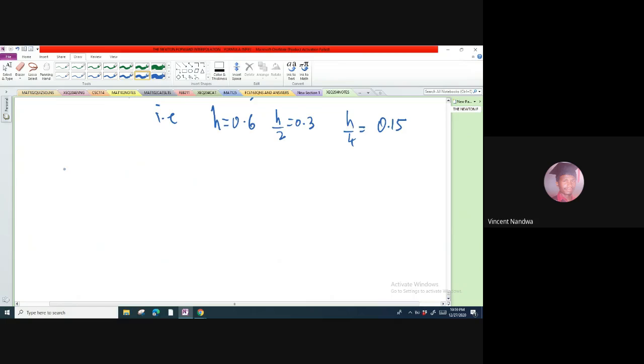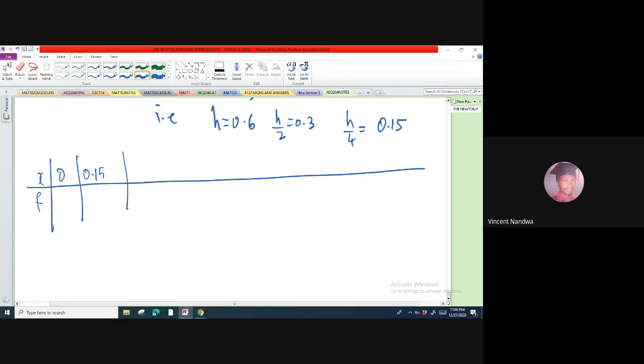So let's draw the table. X and then f. So 0, 0.15. So this table is just summarizing all the values that we need. So 0.30, 0.45, 0.60, 0.75, 0.90, 1.05, 1.2.